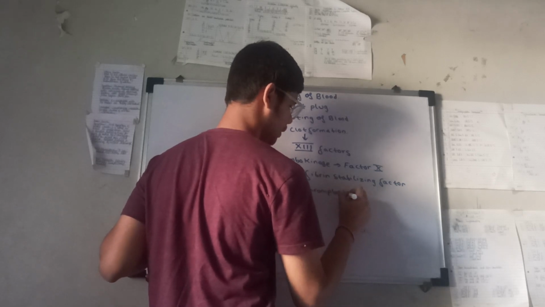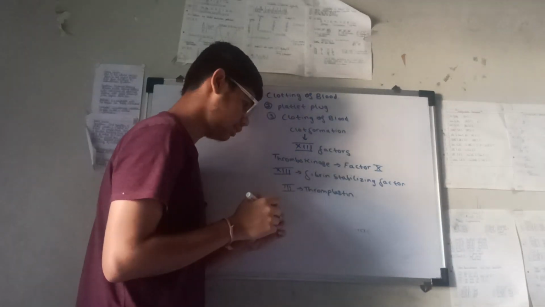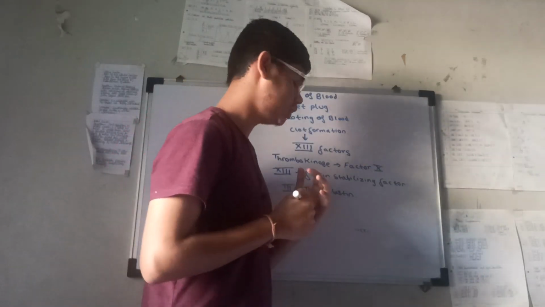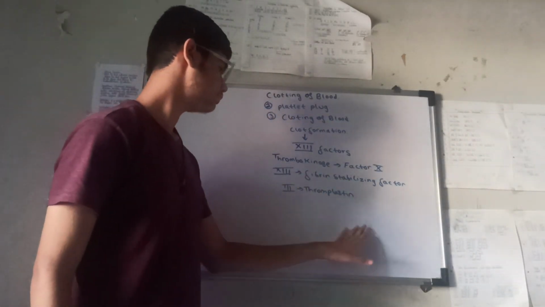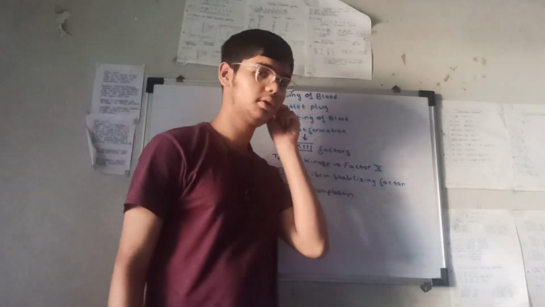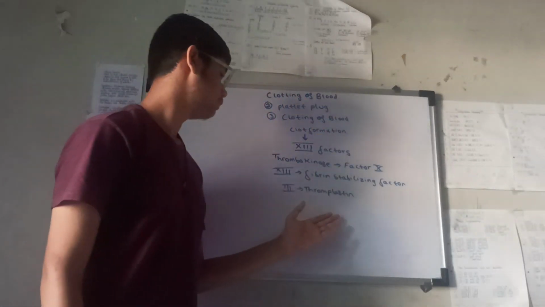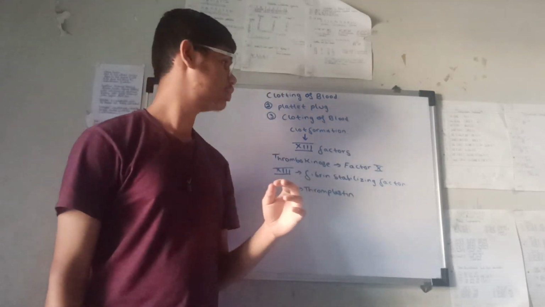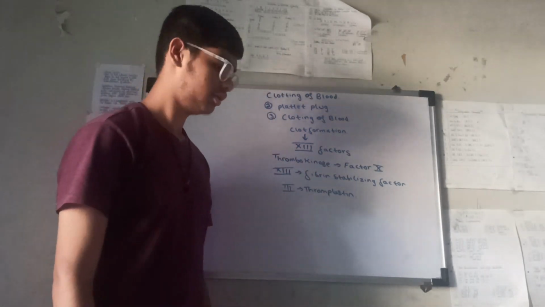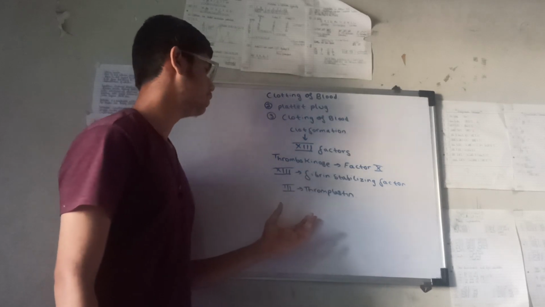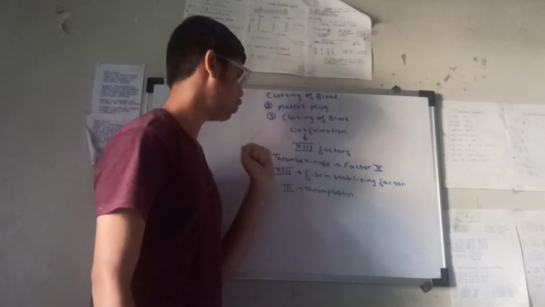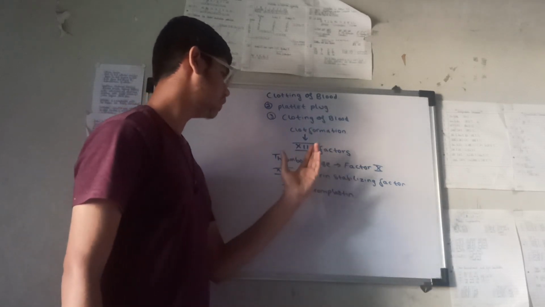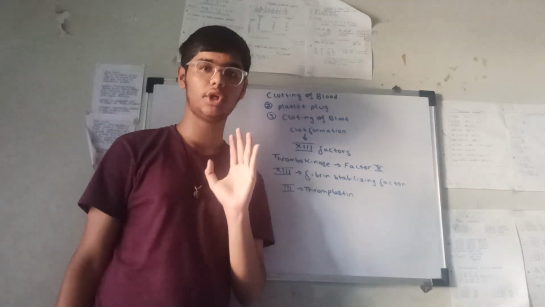So these were some of the factors which we studied. These are important, but direct questions are not asked generally in 11th, and in 10th this is not there. But still it is important. For the clot formation, these 13 factors are essential.